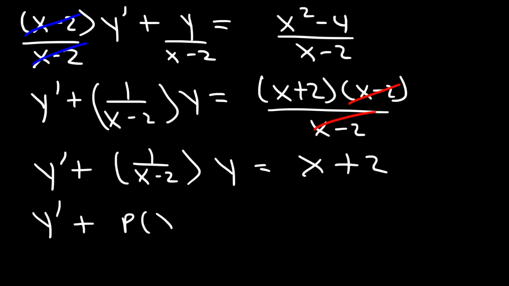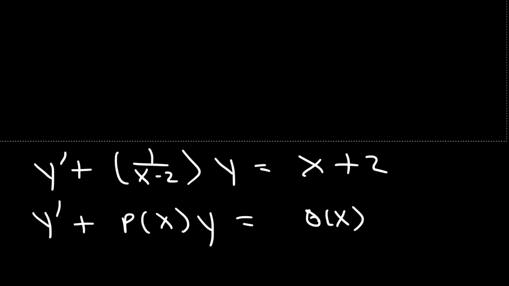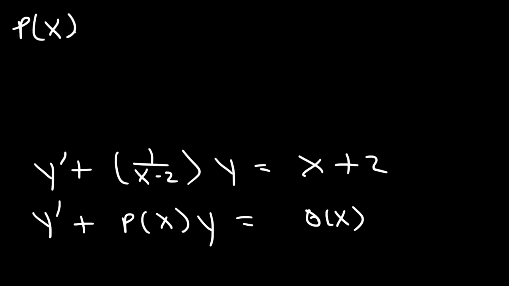So we can see that p of x is 1 over x minus 2, and q of x is x plus 2. So let's write that. So p of x is this expression, and q of x is x plus 2.